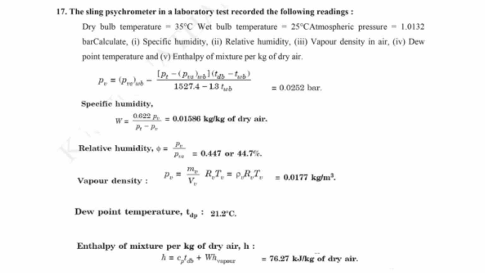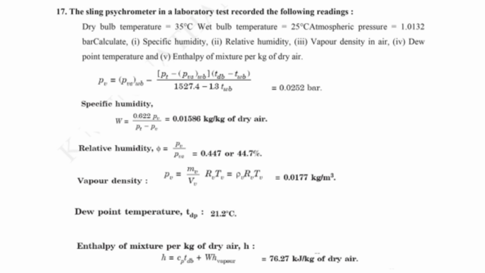The relative humidity phi is equal to P_v divided by P_g. Vapor density is rho_v equal to mass of vapor divided by volume, which is P_v divided by R_v T_v.